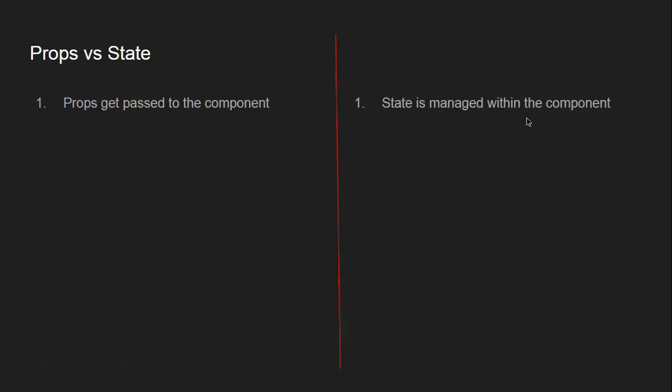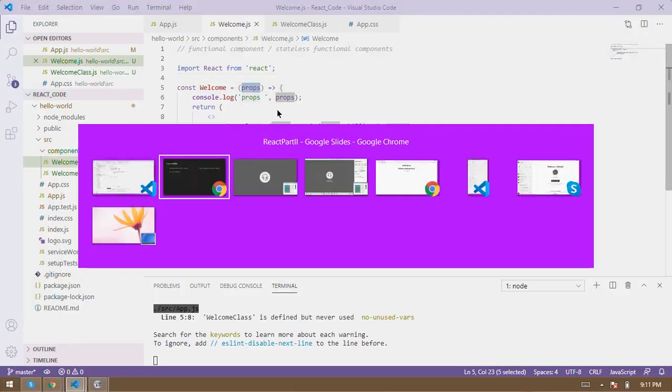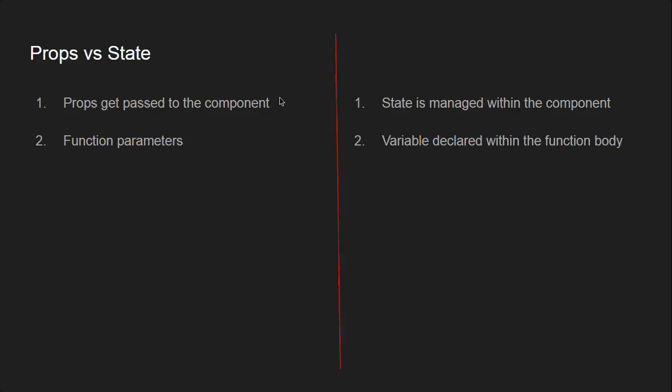On the other hand, state is managed within the component. We are not passing state from parent to child; it is written inside our component. Second, props are used as functional parameters, as I have shown you, while state is a variable declared within the function body.